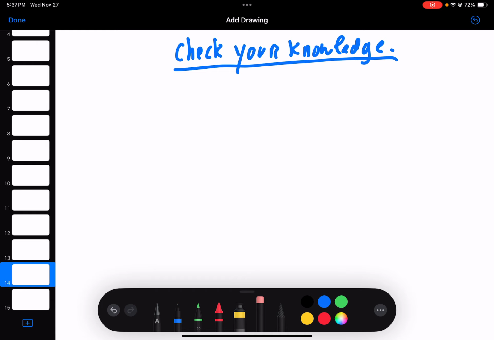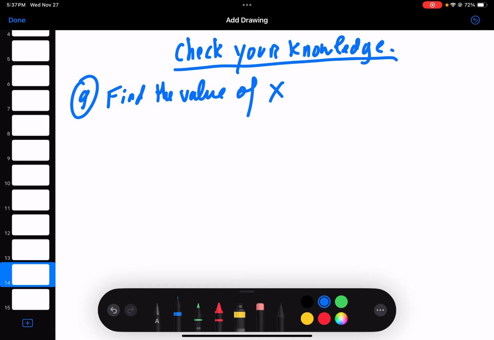Okay. 9. Find the value of x. We have a line segment JL with a point K in between.